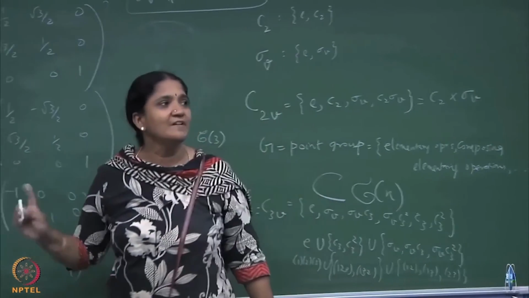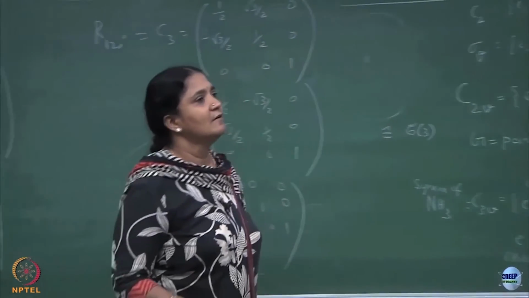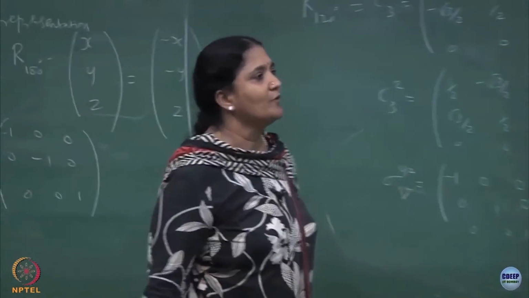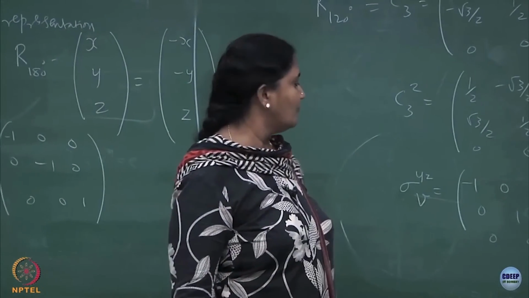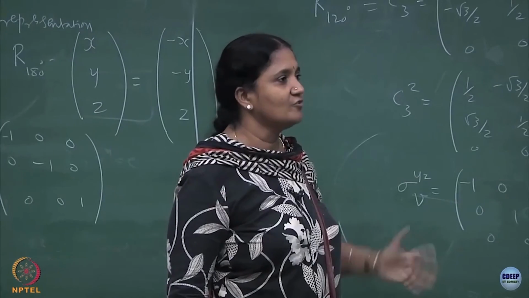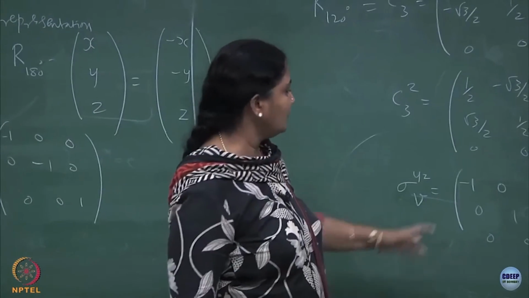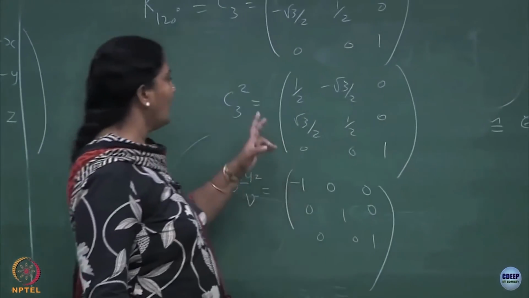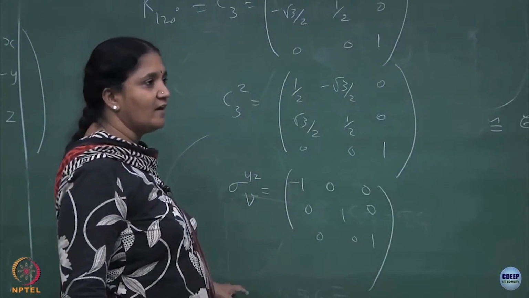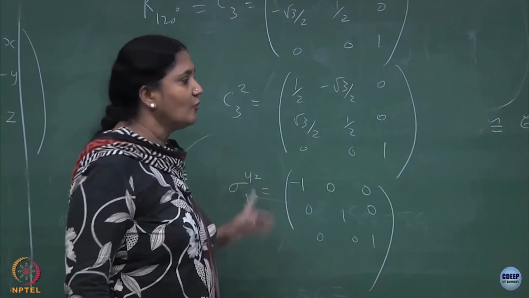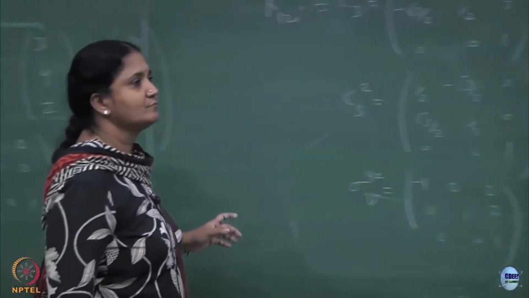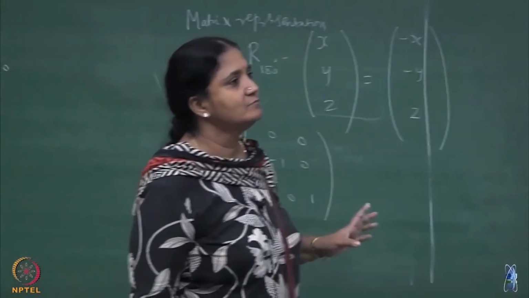So, the representations which you write will also have that property, that the trace within a conjugacy class cannot change. Okay. So, this trace, and if you multiply this with sigma v and write, that trace should also not change. Okay.